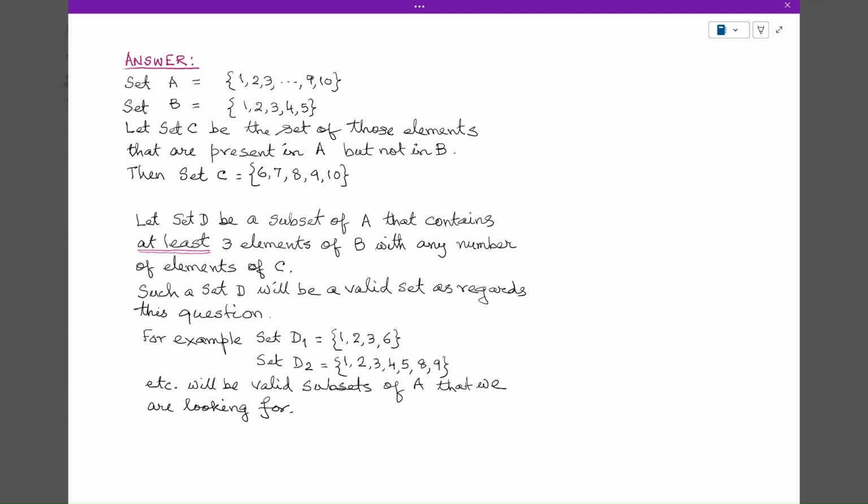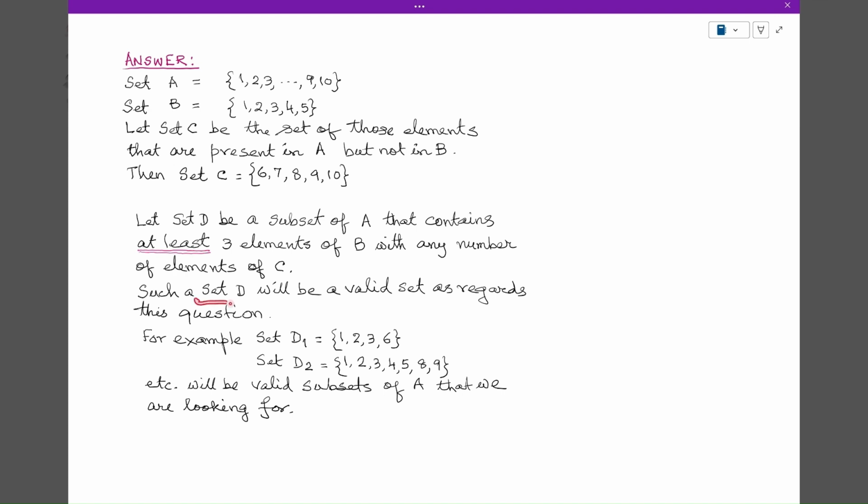will constitute set C. Let set D be a subset of A that contains at least 3 elements of set B with any number of elements of C. That means set D will consist of 3, 4, or 5 elements of set B with any number of elements of set C, which can be 0 or 1 or 3 or up to 5 elements.